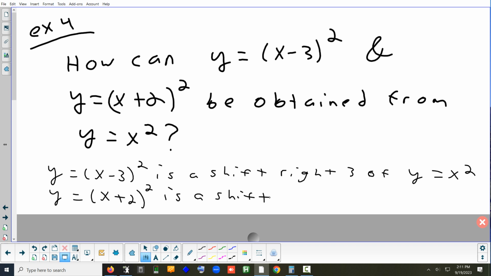This is like the opposite of what you would think. So somehow we've got to remember that this is the opposite. The vertical wasn't. Positive was up, negative was down. That made sense. This is like backwards. So this is a shift left 2 units of the original.